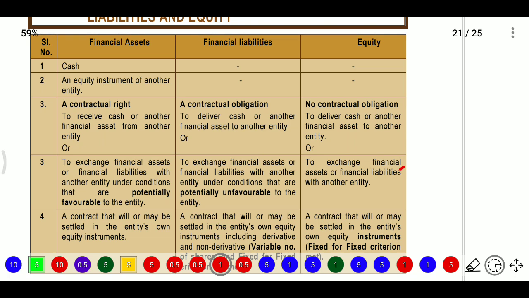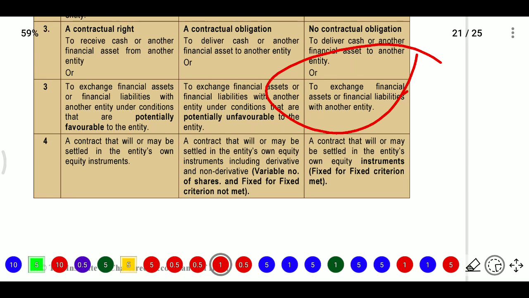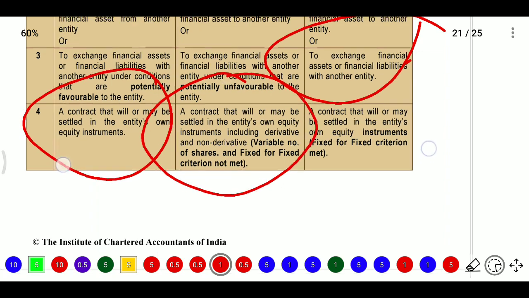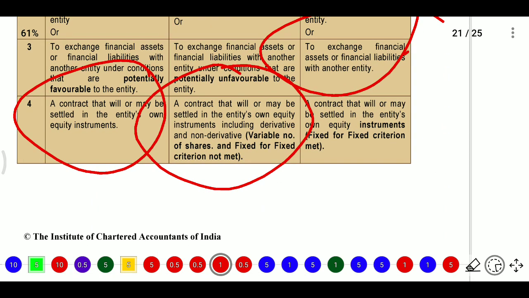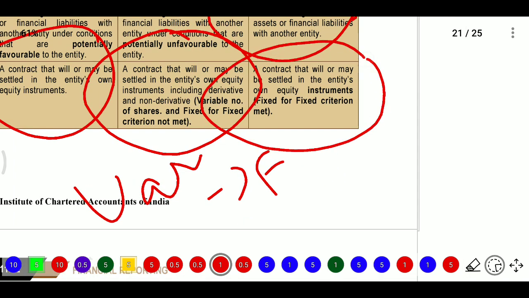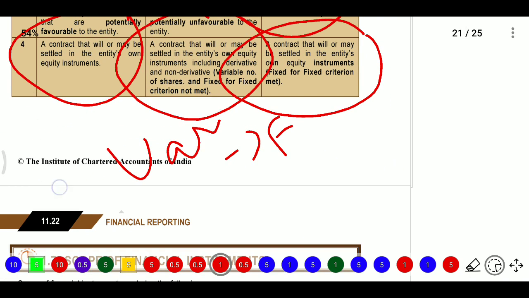Next, a contract that will or may be settled in the entity's own equity instruments, including derivative or non-derivative, where a variable number of shares is involved and the fixed criterion is not met, is a financial liability. Only when the fixed criterion is met will it become equity.